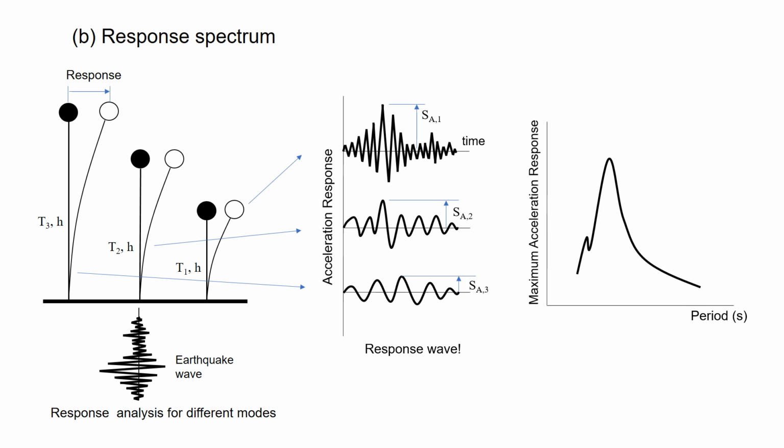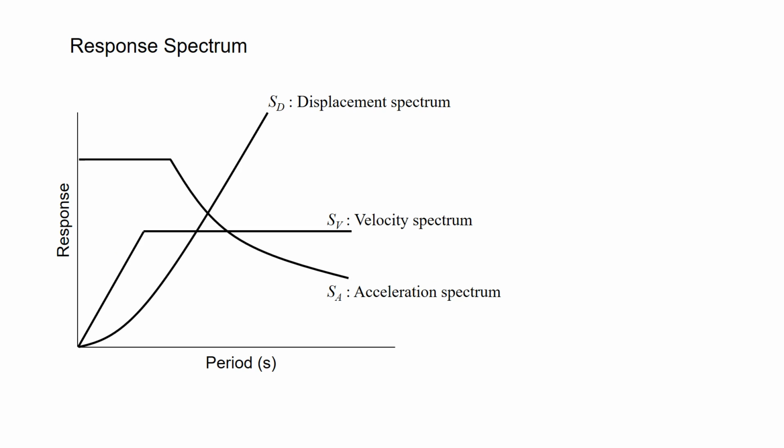This graph shows the maximum acceleration versus the natural period, which is obtained by time history analysis. SCA1, SCA2, SCA3 correspond to these points. There are 3 response spectrums: SCA, acceleration spectrum, SV, velocity spectrum, and SD, displacement spectrum.